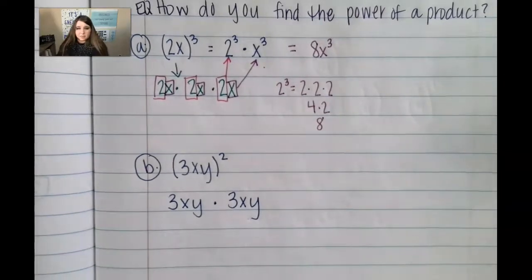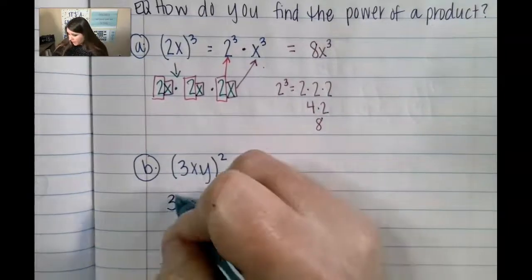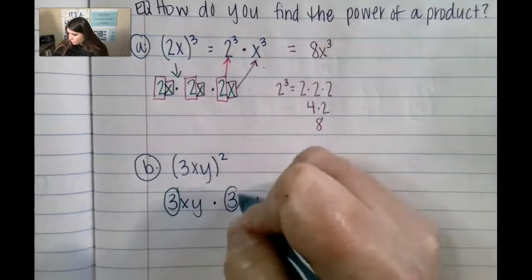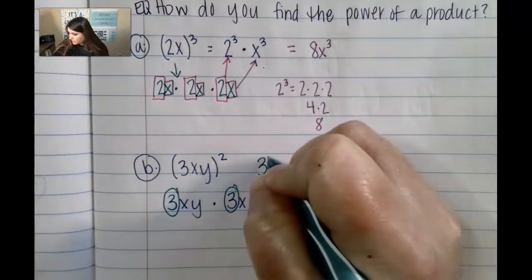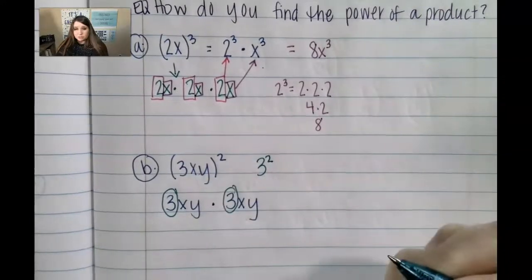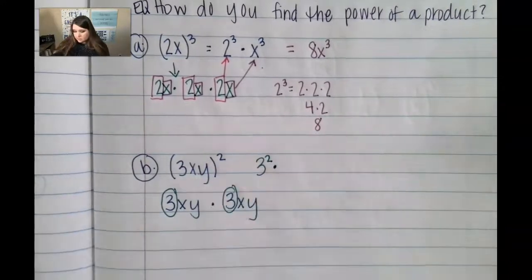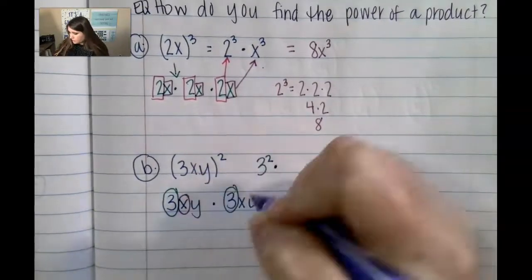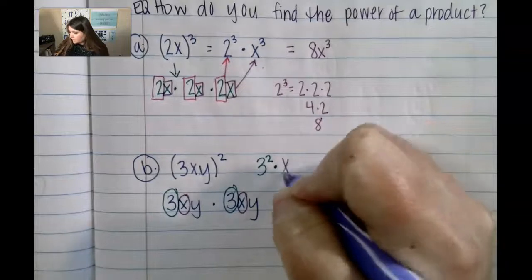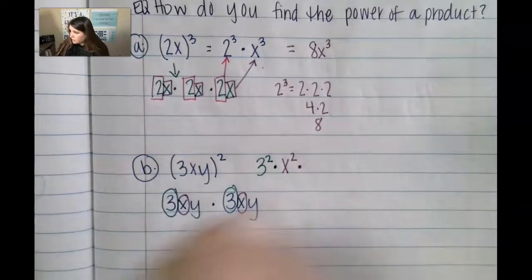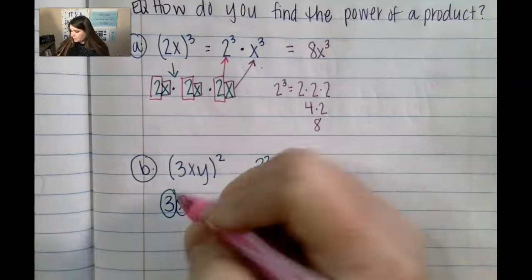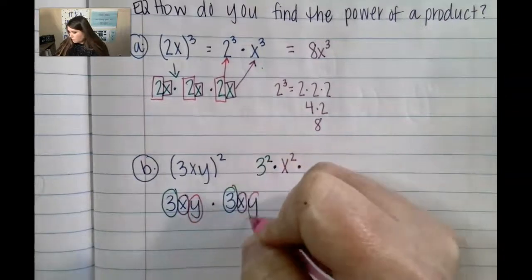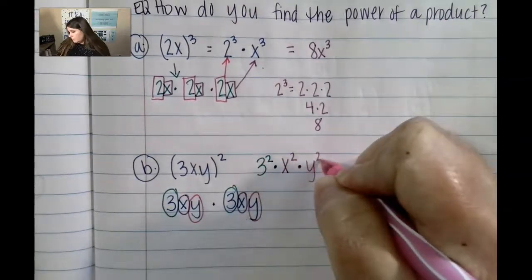So we can look at this and rewrite it. How many 3's do we have? Well, we have 3 to the power of 2, times we have x, 2 x's, or x to the power of 2. And then last but not least, we have the y to the power of 2.